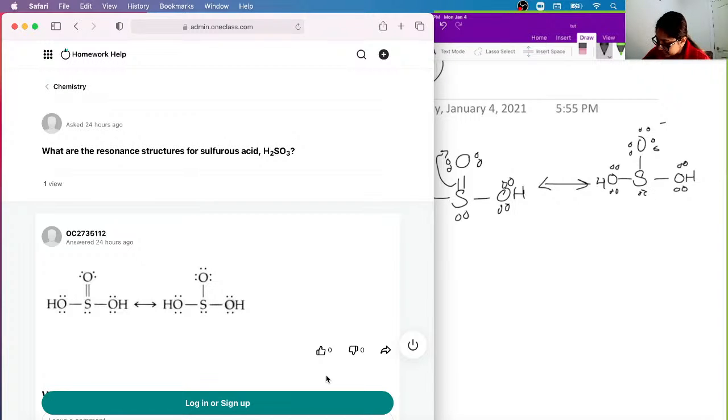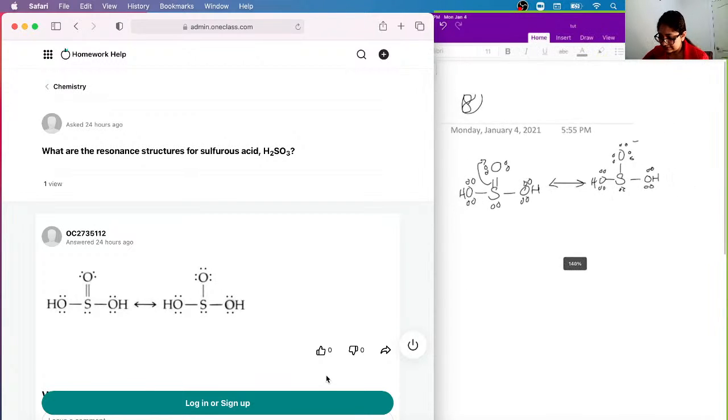And you have two lone pairs. This is the resonance structure for sulfurous acid. There's two, and if you want to do another one, it would basically go to the same thing that it was before. So these two are the resonance structures for sulfurous acid.